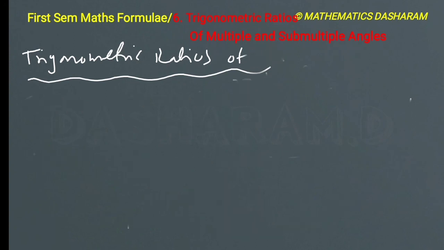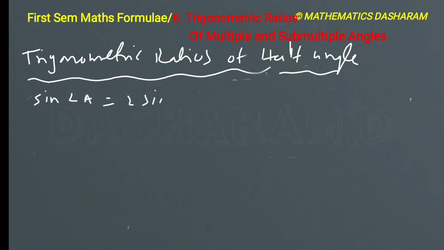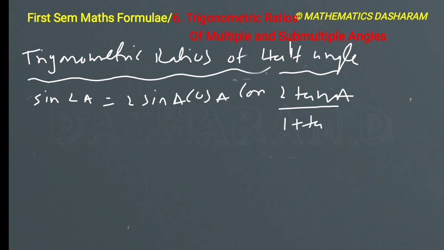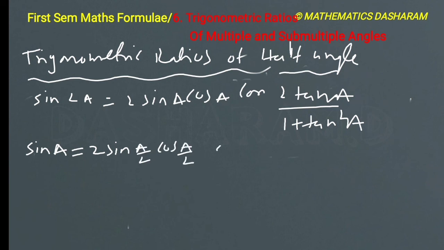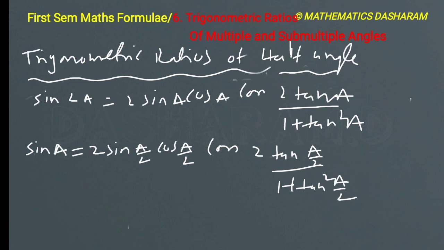Next, trigonometric ratios of half angle. We know that sin 2A equals 2 sin A into cos A, and one more formula, 2 tan A divided by 1 plus tan square A. Then for half angle, sin A equals 2 sin A by 2 into cos A by 2. Next, 2 tan A by 2 divided by 1 plus tan square A by 2.